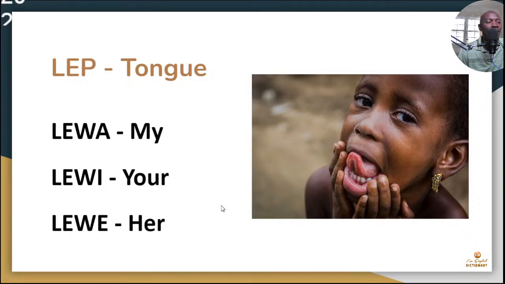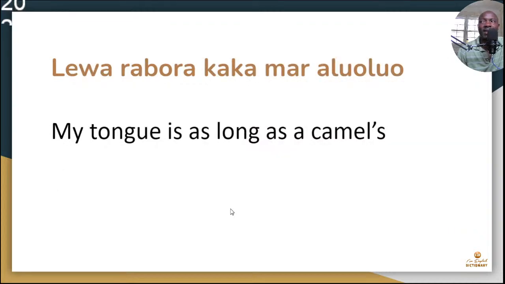In a sentence you can say, lewa rabora kaka mar aluo. My tongue is as long as a camel. I don't know whether a camel's tongue is long, or a tiger, or a giraffe.